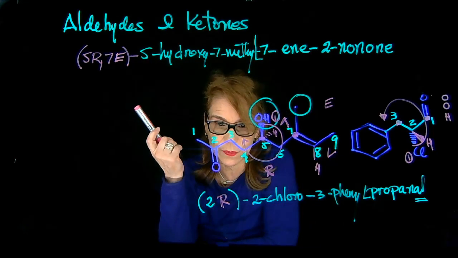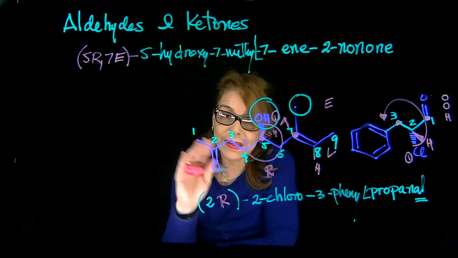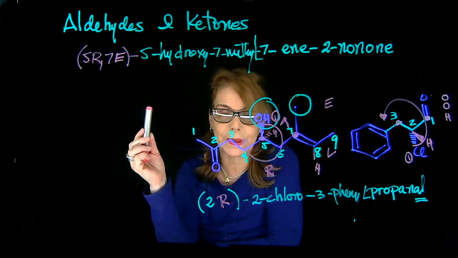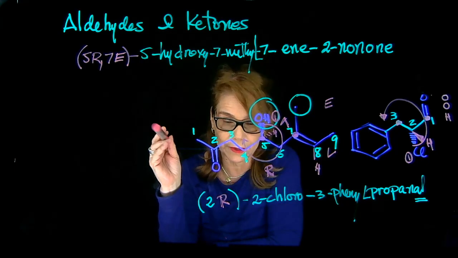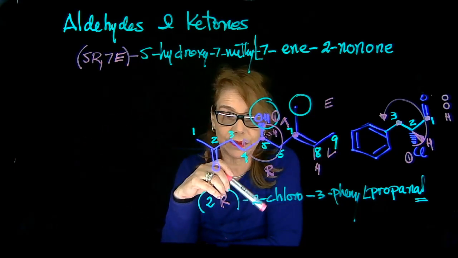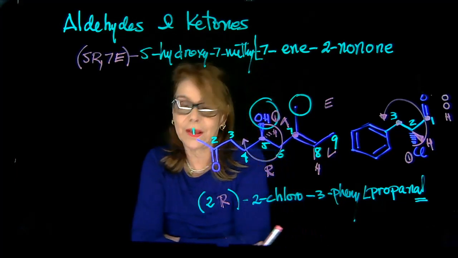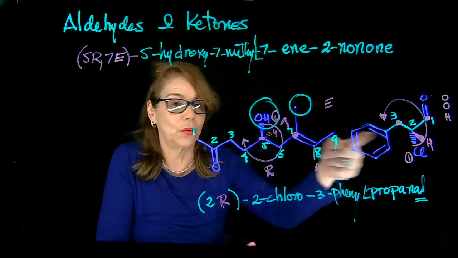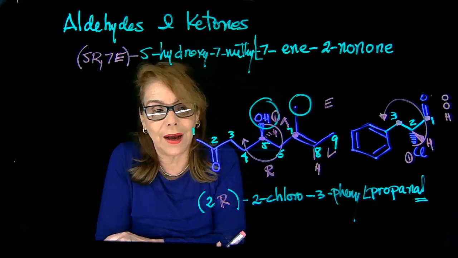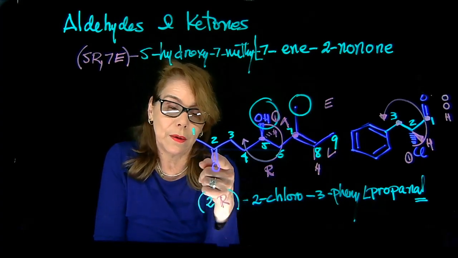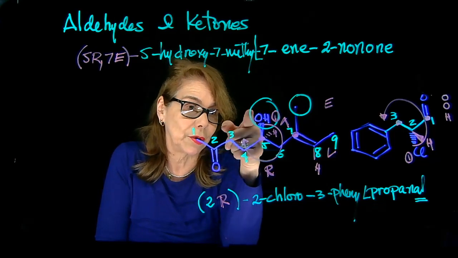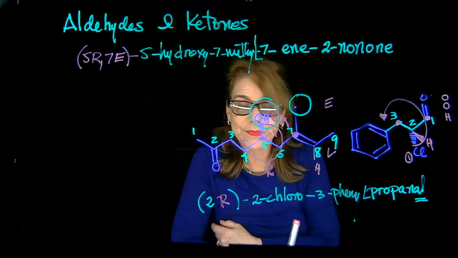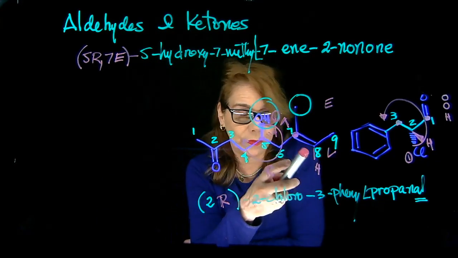So what are the steps as usual? If you have more than one functional group, pay attention and determine what is the main functional group. In the case of the examples that we had, the functional group is either the aldehyde or a ketone that had higher priority, because aldehydes and ketones have higher priority over the alcohol, and that over the alkene.